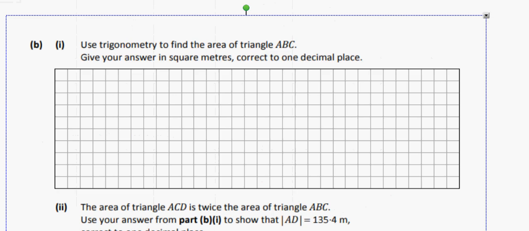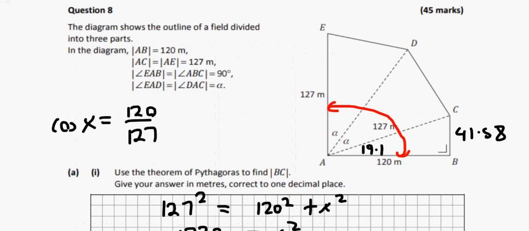Now, find the area of ABC. Which one's ABC? Lads, take your choice. You can use a half base times height.